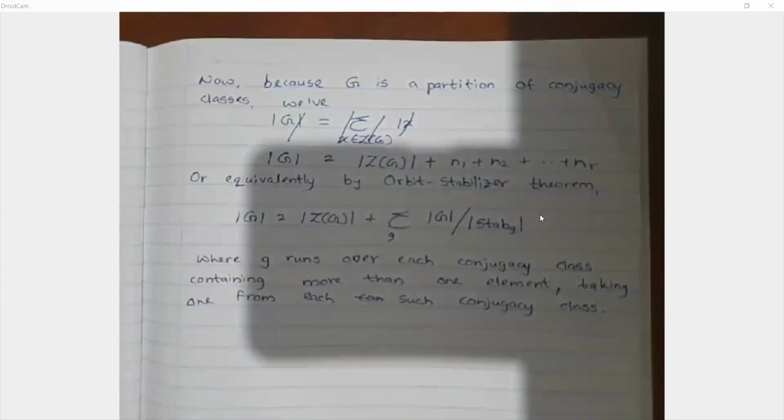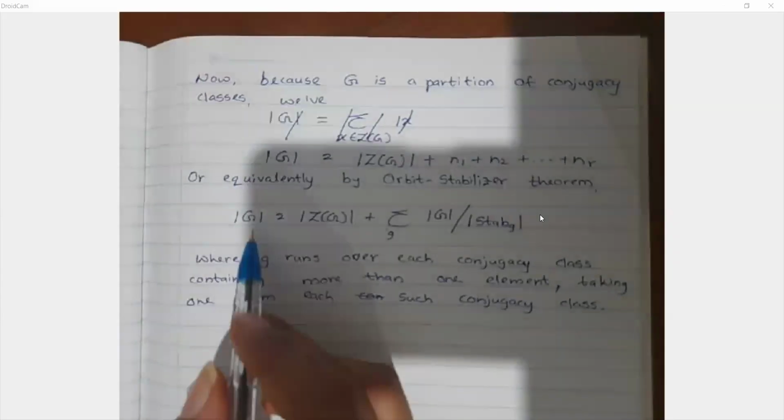Okay, so once again, using the orbit stabilizer theorem, the order of G is equal to this, and we are applying it over here, right? Where n_i is greater than 1. In other words, it's an orbit containing more than one element, right? So we run over all elements in G which belong to a conjugacy class containing more than one element. And from each such conjugacy class, we only have to take one representative.